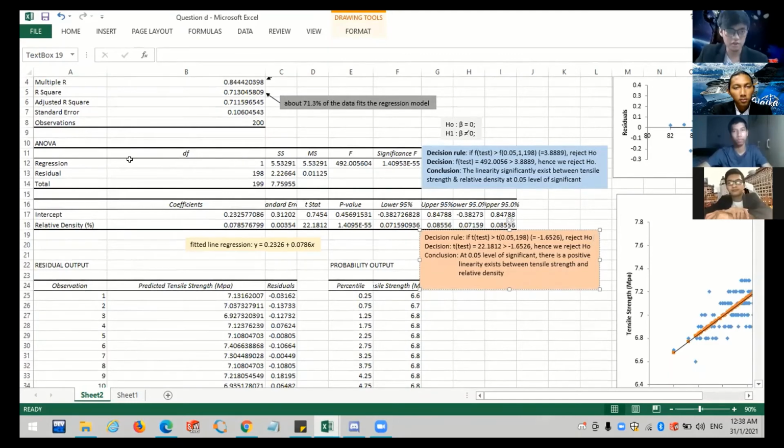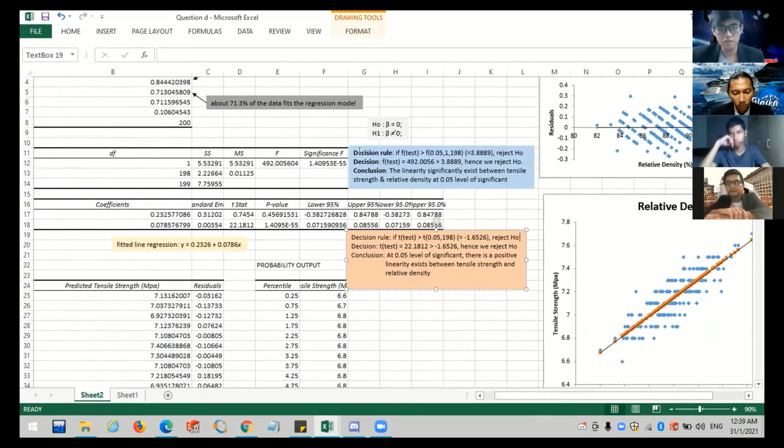You can see that from the ANOVA table, we obtain the values of regression, residual, and total. For the hypothesis test of beta, H0 is when beta is equal to 0, and H1 is when beta is not equal to 0.